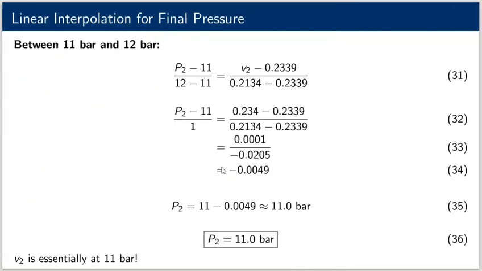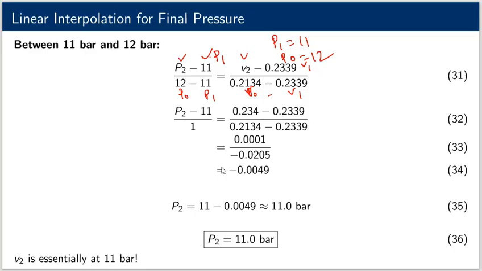For interpolation, P2 minus P1, where we are calculating P2, with P1 maybe 11 bar and P0 maybe 12 bar. So P2 minus P1 over P0 minus P1 equals V2 minus V1 over V0 minus V1.